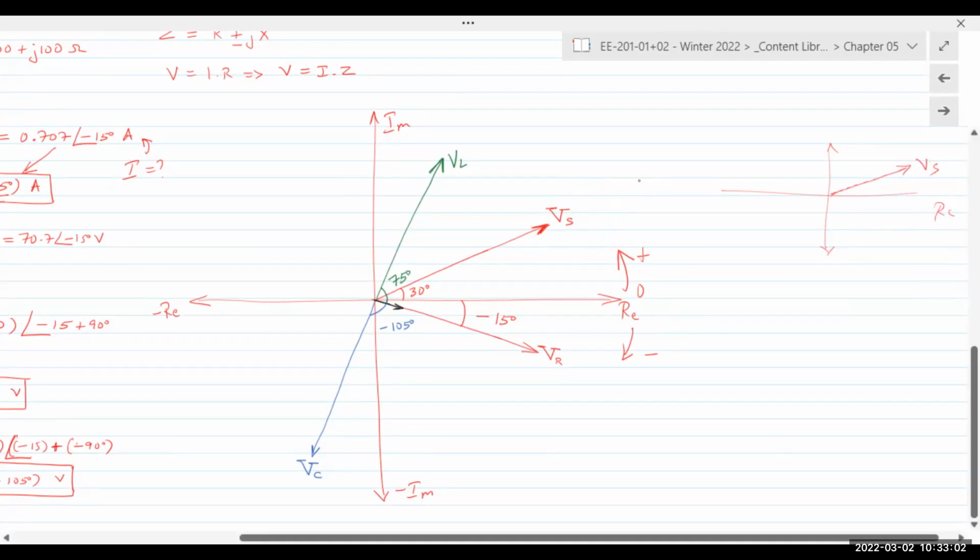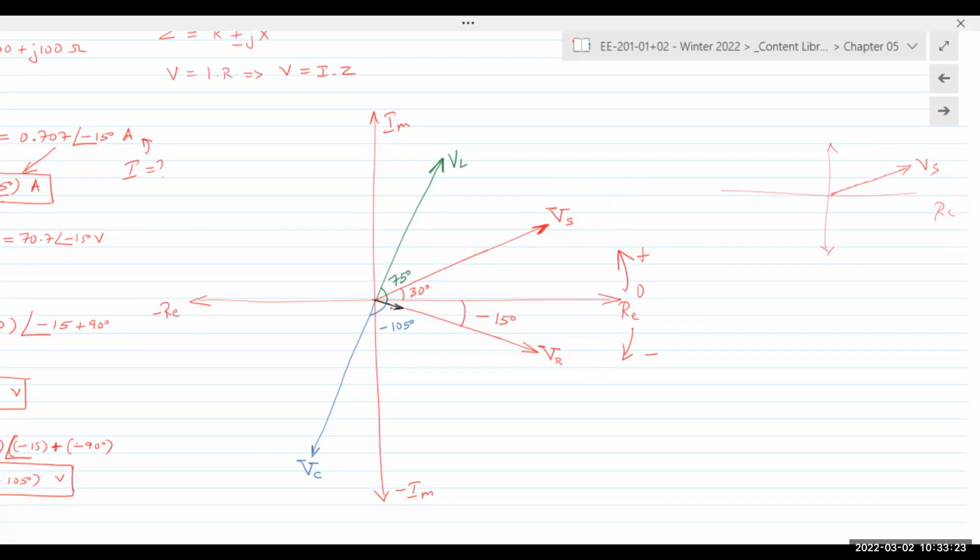And then VR, VL, and VC. We'll draw VR. VR has an angle of minus 15, so it's going in the clockwise direction. IR, IL, and IC are the same current, right?